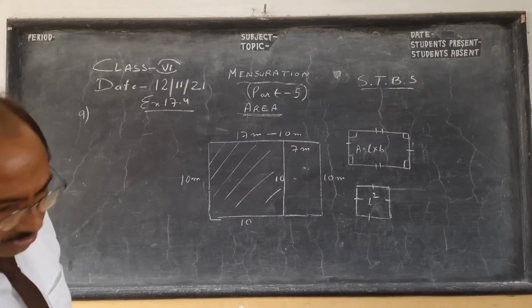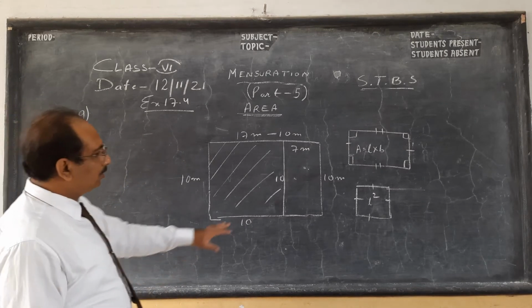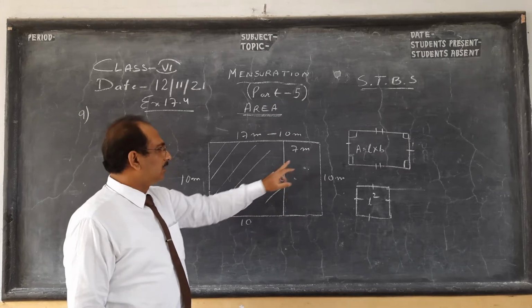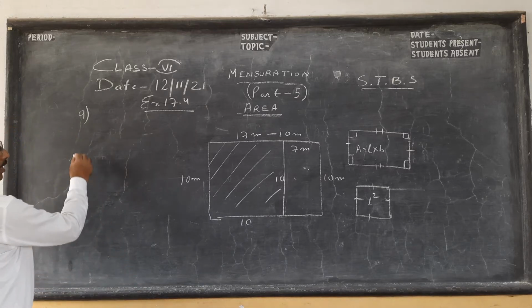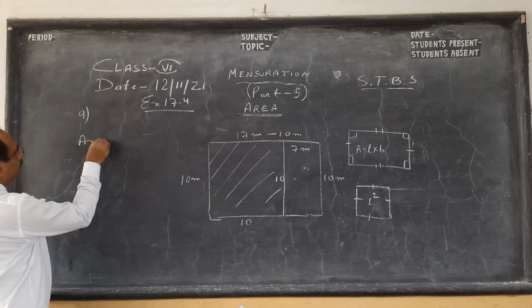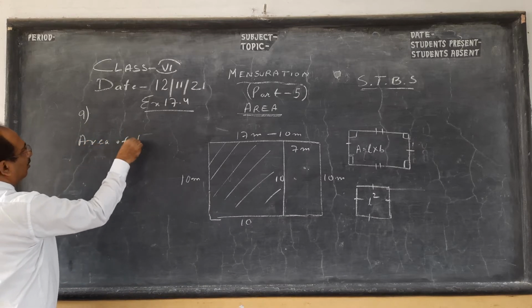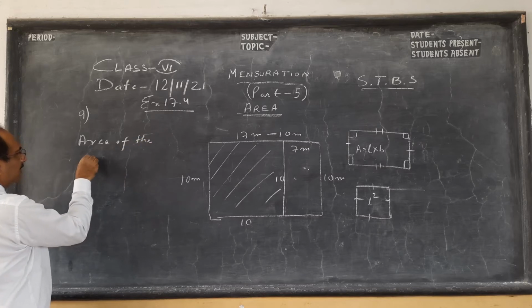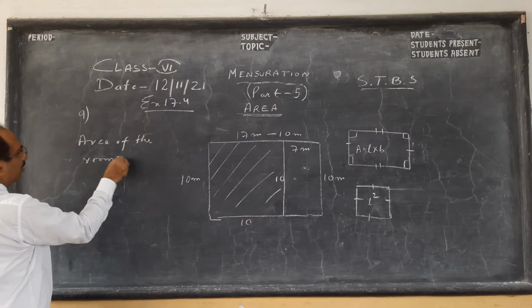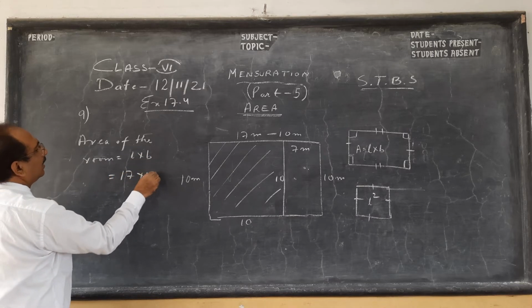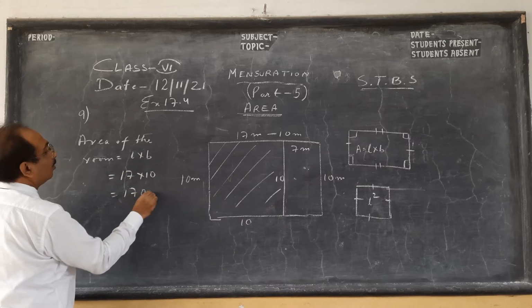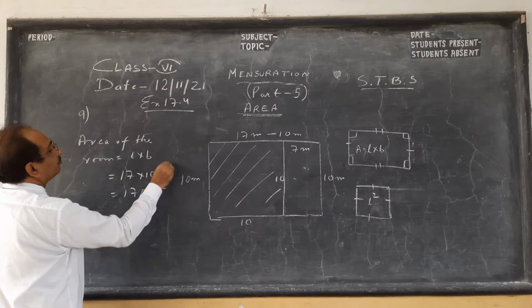Okay, so how do we do it, children? If you see mentally, 7 tens are 70. But how are we going to show it? Area of the room: since it is a rectangle, we have length into breadth, 17 into 10, 170 meter square.